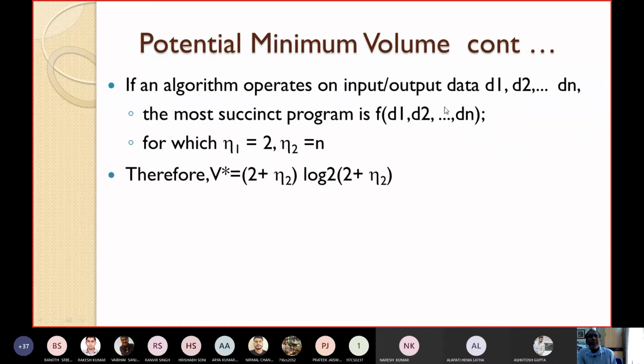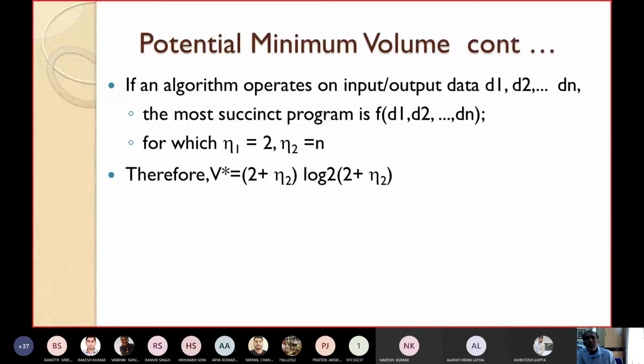Now, let us look at some mathematical notation. If an algorithm operates on some input output data items such as D1, D2, up to Dn, then in order to find the potential minimum volume, we have to find the most succinct program.